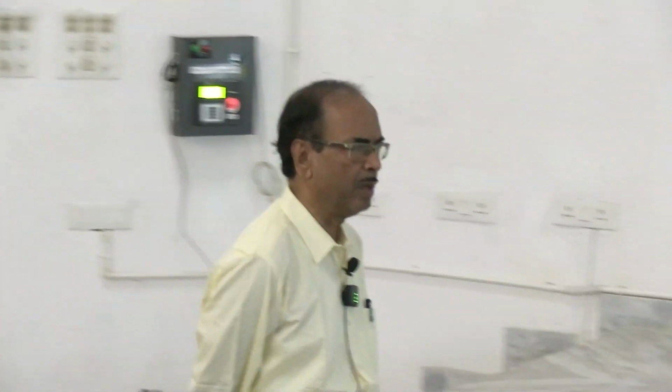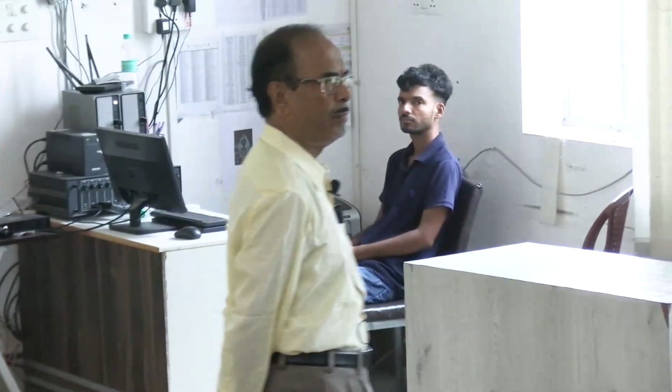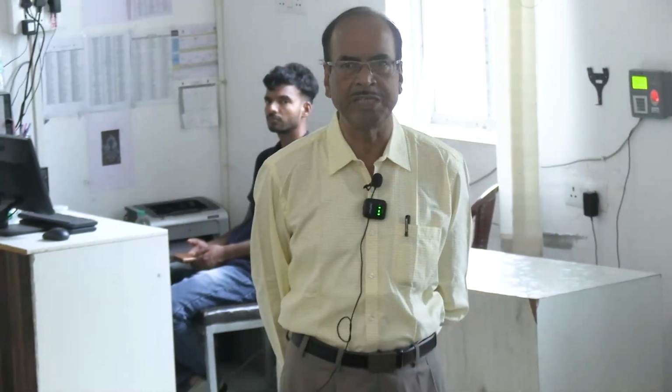Mycobacterium leprae is the causative agent of leprosy. Mycobacterium tuberculosis is responsible for causation of tuberculosis. Vibrio cholerae is the causative agent of cholera. Coronavirus is responsible for COVID disease. So these are the 1:2.